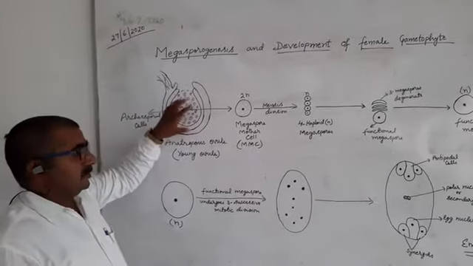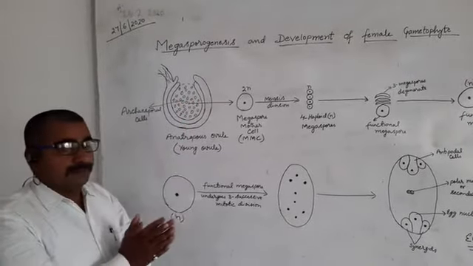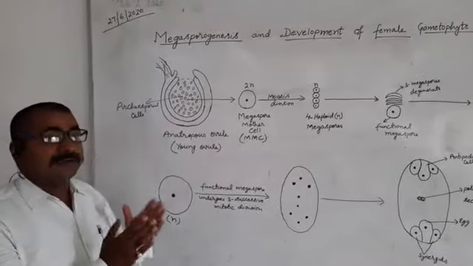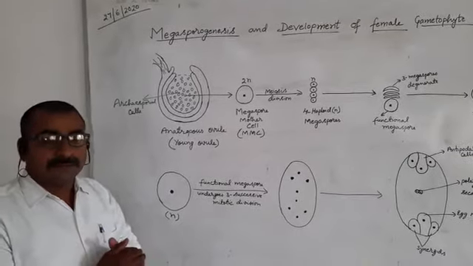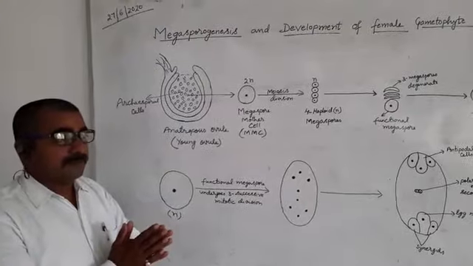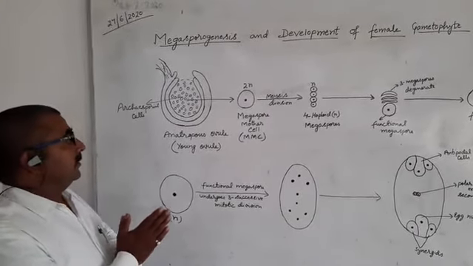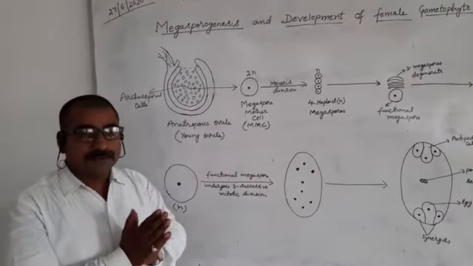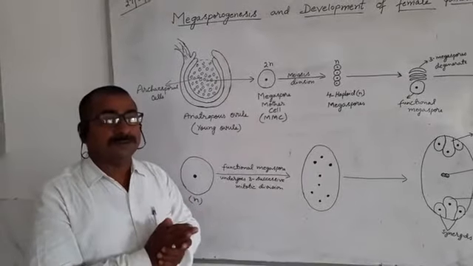These archisporial cells divide by mitotic division to form more and more cells. All these cells arrange themselves in two concentric rings.